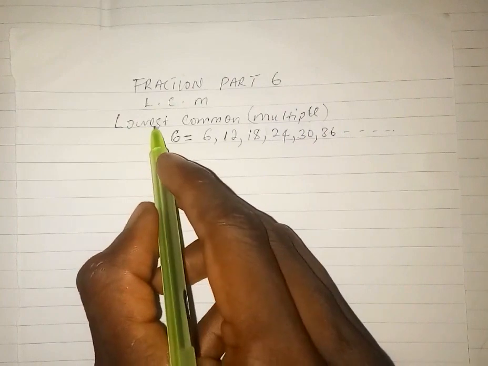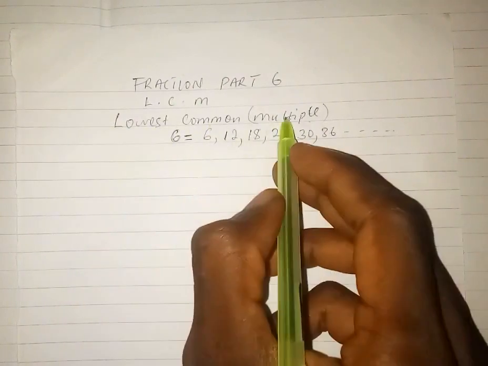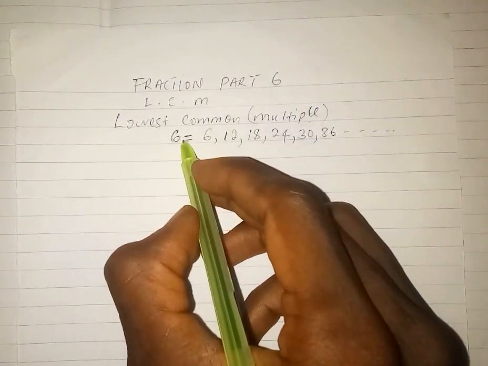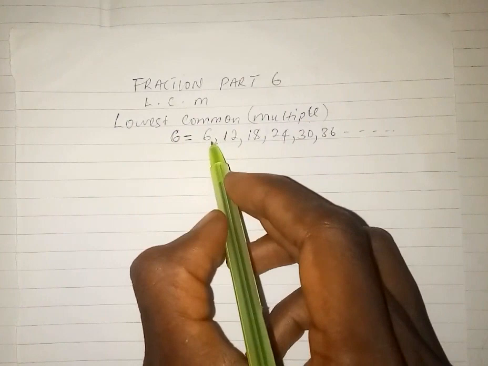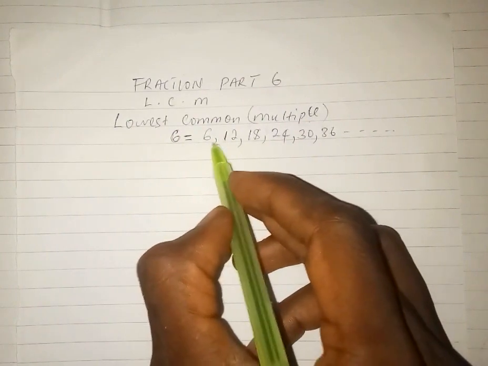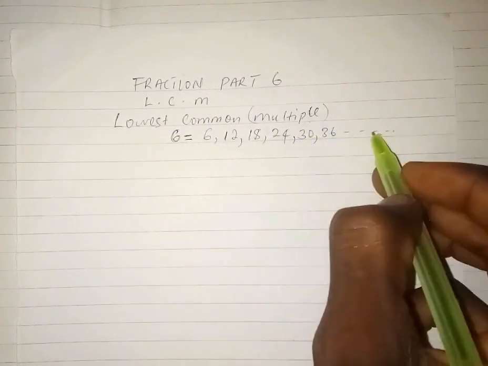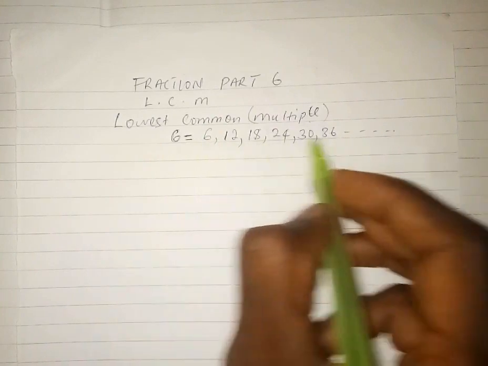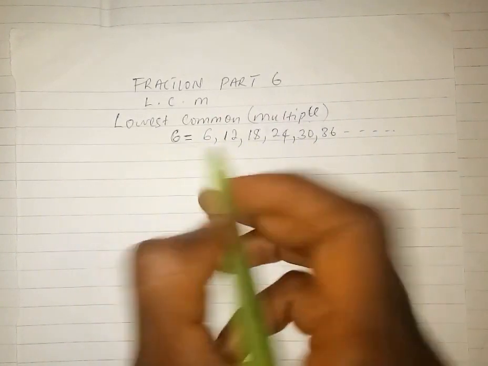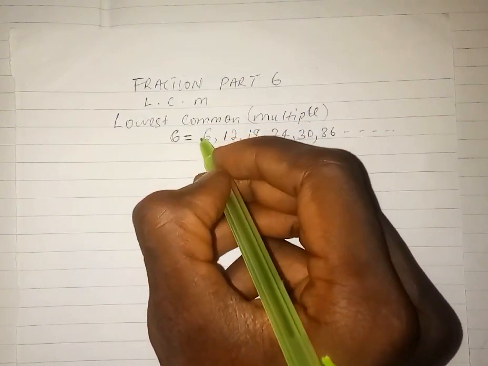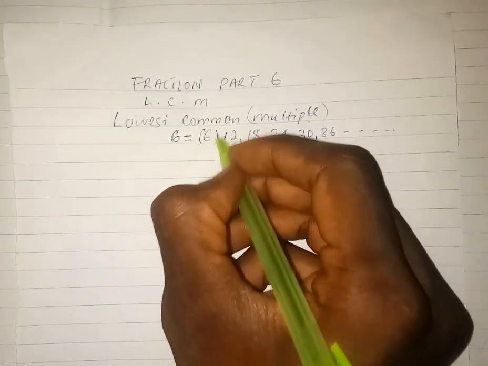Now which one is the lowest common multiple of this 6? If you are looking for the lowest multiple of 6, it's very easy. You can see it here. Which one is the lowest number? We have 6, 12, 18, 24, 30, 36 and so on. Which one is the smallest number among these multiples of 6? You can see it is immediately 6.